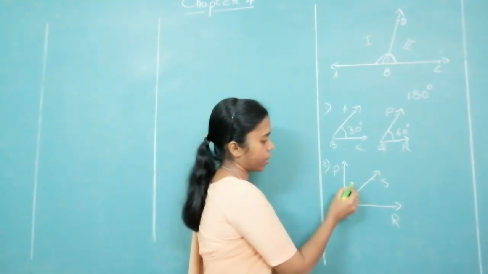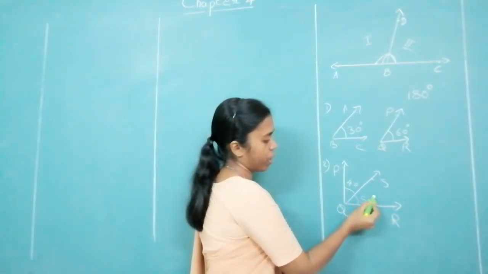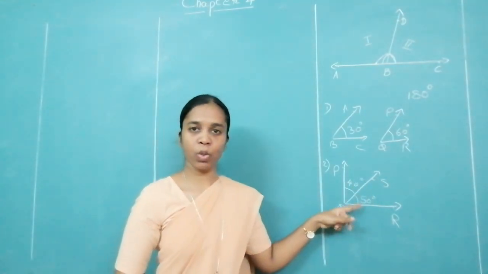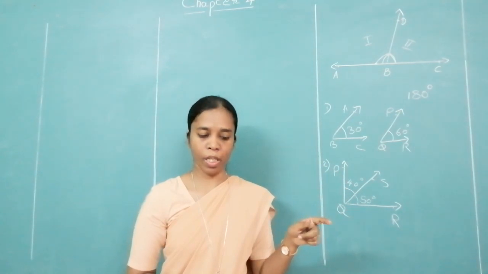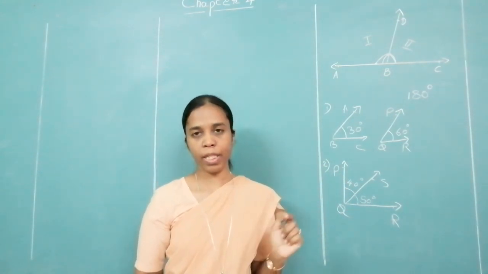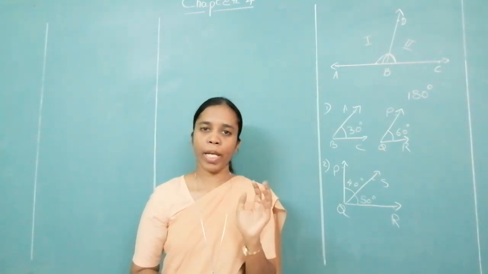Suppose I have this as 40 degrees and this as 50 degrees. 40 plus 50 gives you 90 degrees. So it is complementary. Complementary angles that do not form a linear pair. Can it be true? Complementary means the angles should give you 90 degrees.